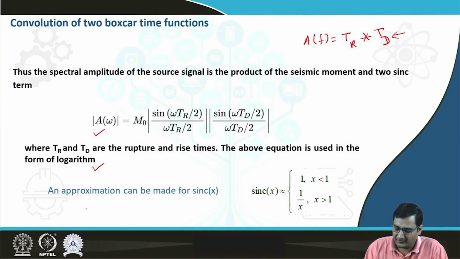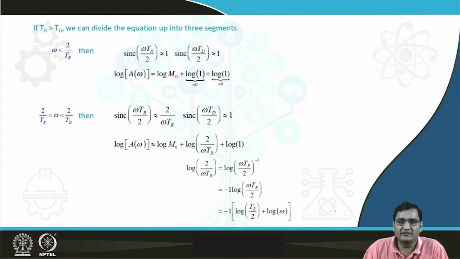If you approximately talk about the sinc function, sinc x is equal to 1 if x is less than 1, otherwise you can think of it as 1 by x when x is greater than 1. Let me skip some slides here.